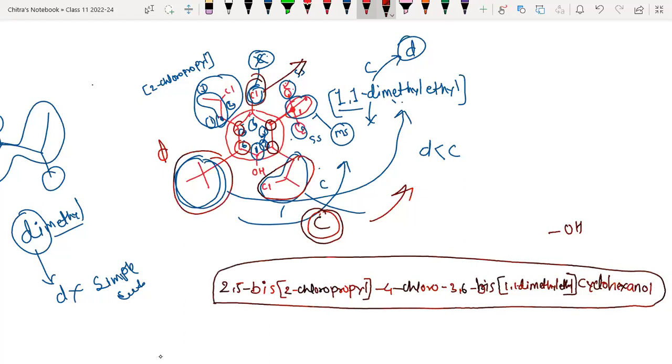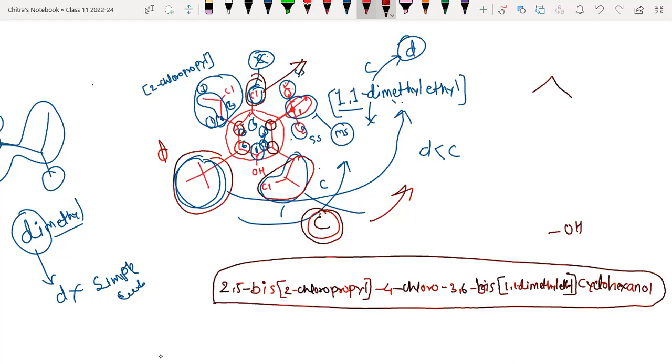2,5-bis(2-chloropropyl)-4-chloro, then 3,6 again bis(1,1-dimethyl ethyl)cyclohexanol is the name for that compound. Easy? Yes, sir.